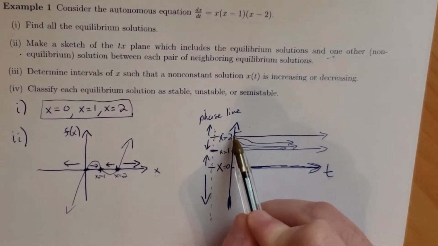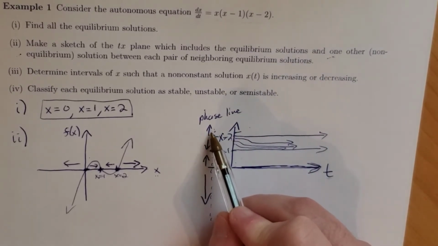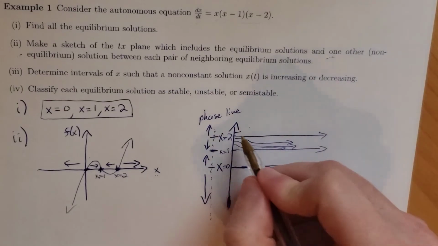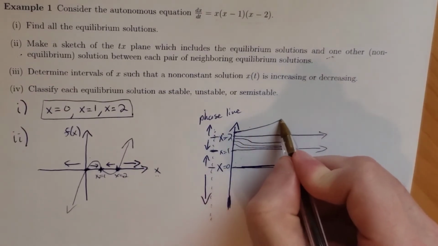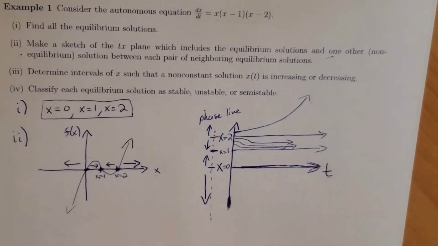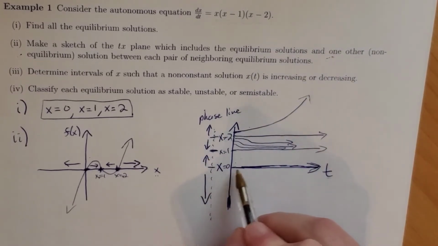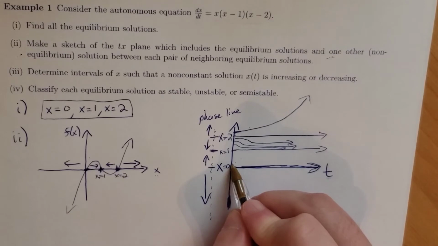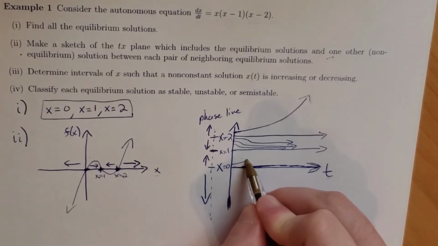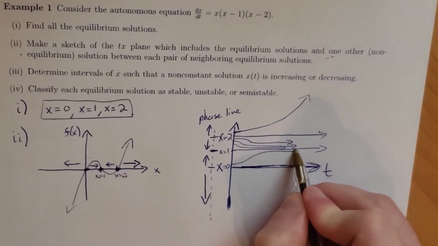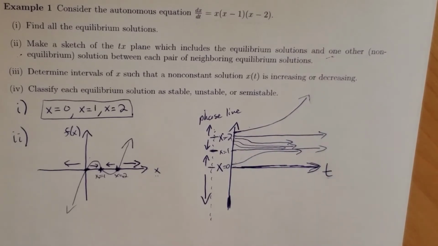So this tells us our function is going up because our derivative was positive. So it looks like that. This tells us, again, our function is going up because our derivative was positive. So we'll get a non-equilibrium solution that looks like that.